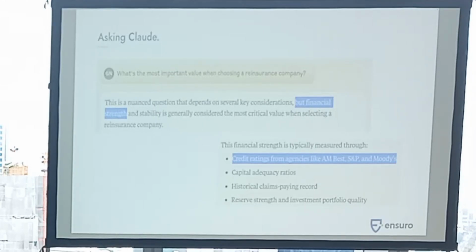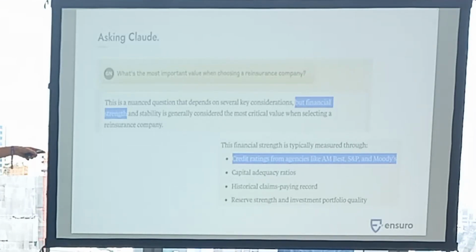So let's start by asking Claude, our favorite AI. What is the most important value of a reinsurance company? And you will see that financial strength is the core value of a reinsurance company. That's why the protocol is focused around providing the guarantees that we are going to be solvent to cover the policies that we are taking.